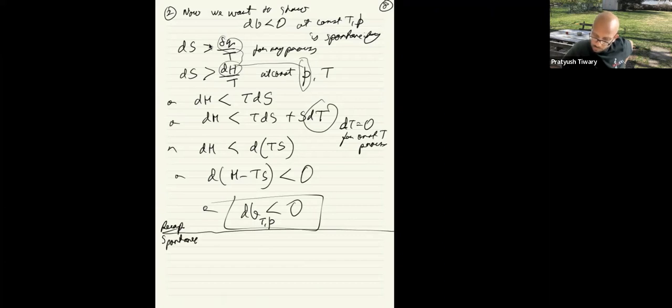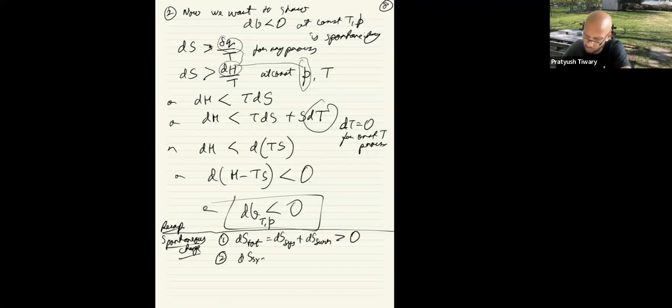Spontaneous change has many ways of writing it. dS total is equal to dS system plus dS surrounding more than 0. This is spontaneous change, which is equivalent to saying dS system is more than delta Q system by temperature, right?